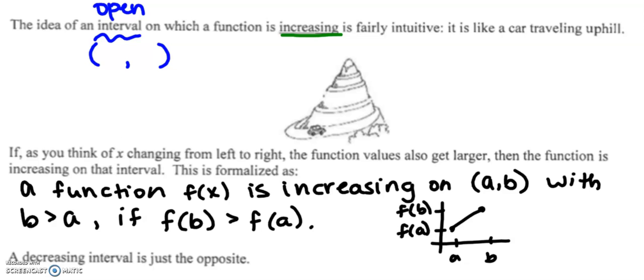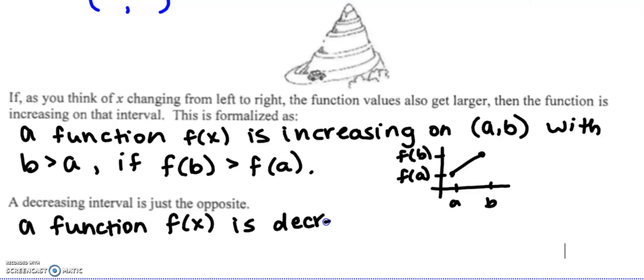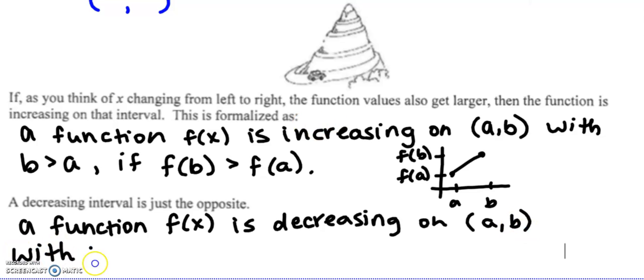Okay, next one then, a function is decreasing would be just the opposite. So a function f of x is decreasing on the interval from a to b with b greater than a, if f of b this time is less than f of a.